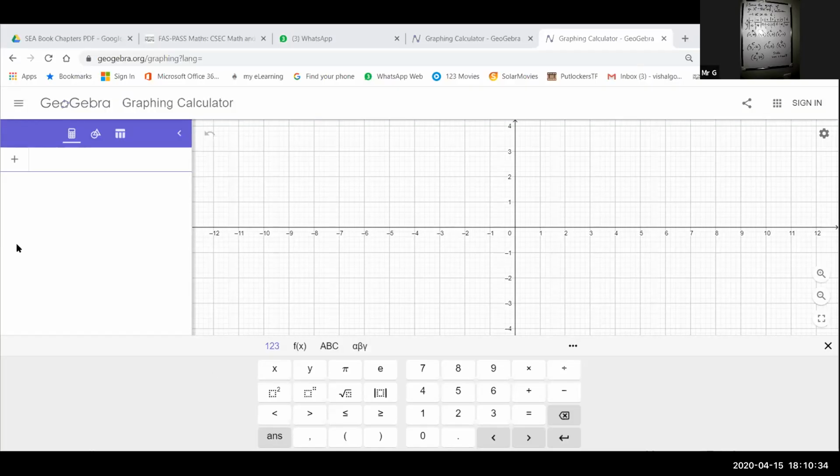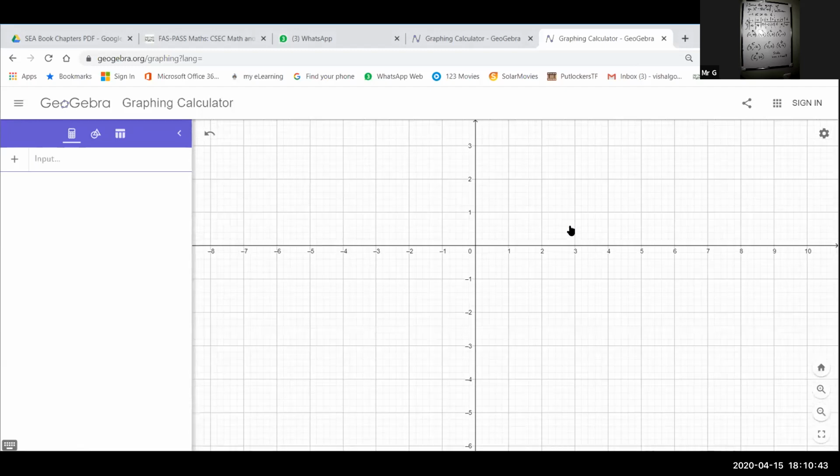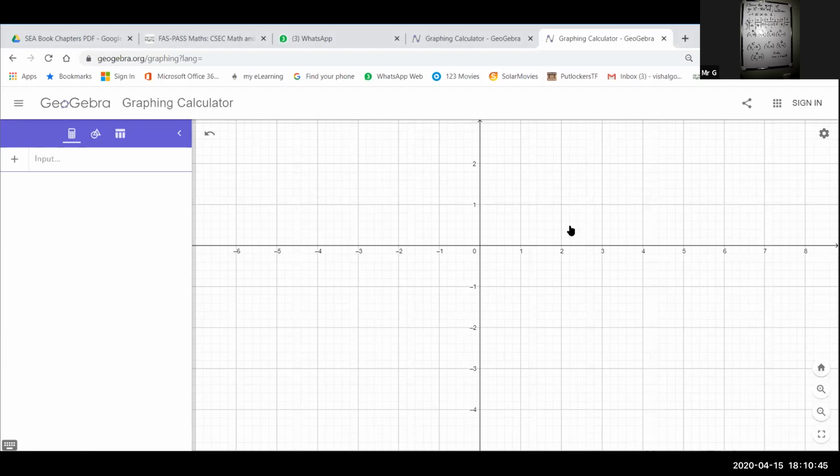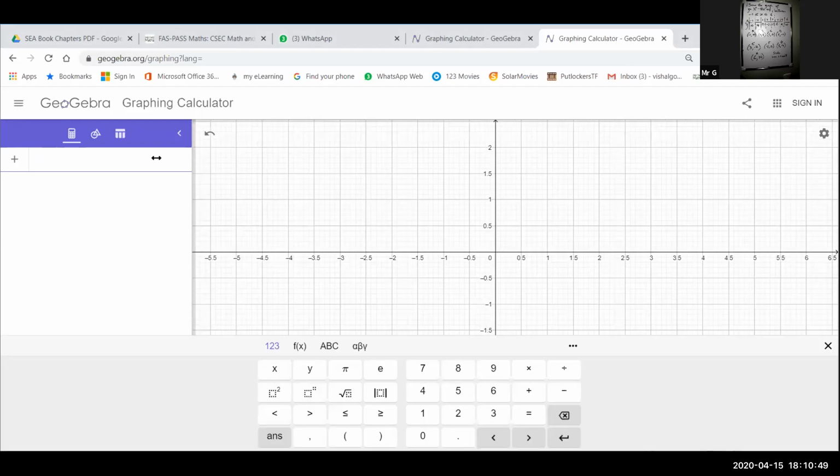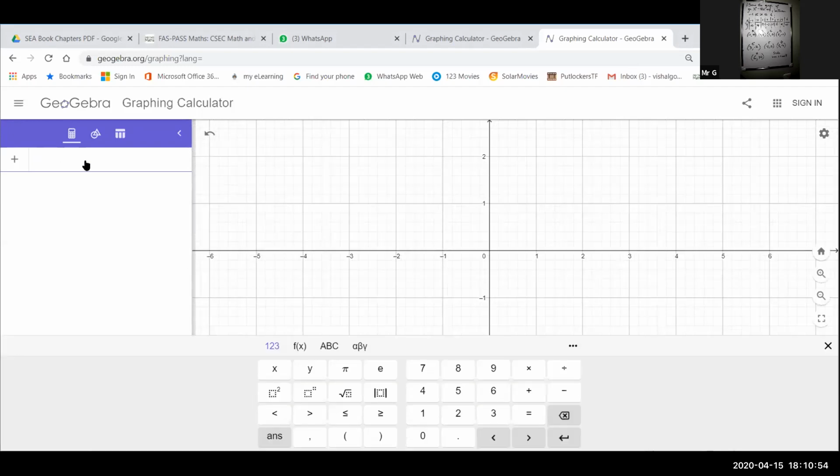All right, so let's go on a table of values here. So let me just zoom in. All right, so our function is still x squared minus 5x plus 4.